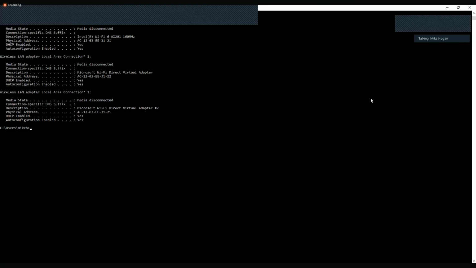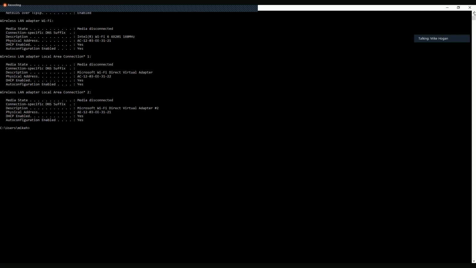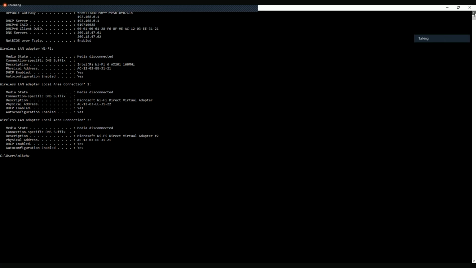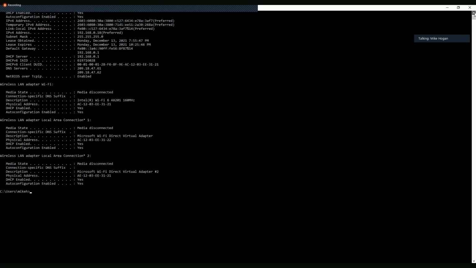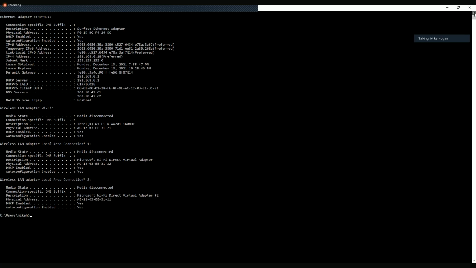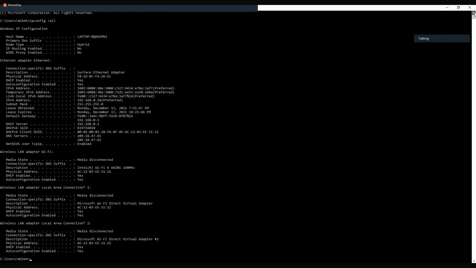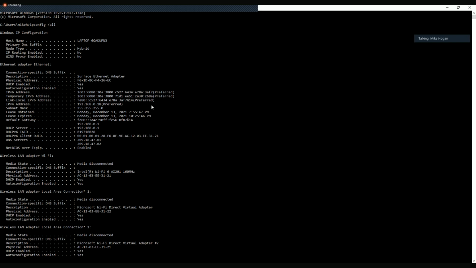All right, hopefully you can see my screen now. Basically, I just went in and did an ipconfig, and you can see all the information: my IP version 4 address, 192.168.0.18, and the subnet mask, a 24-bit network, 255.255.255.0.